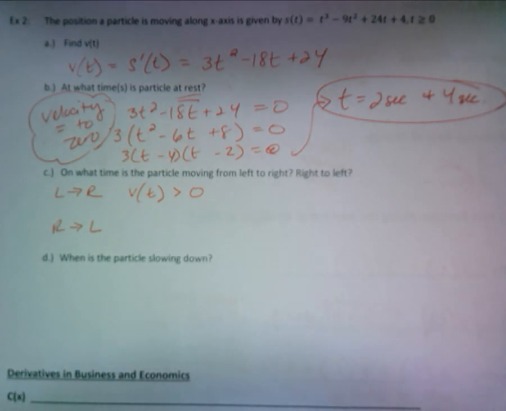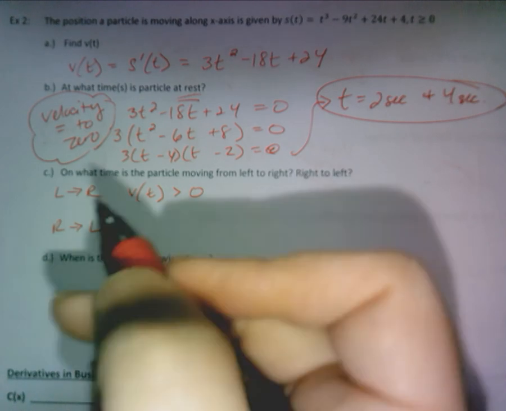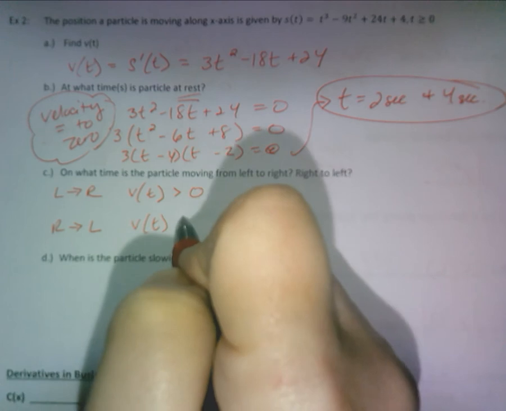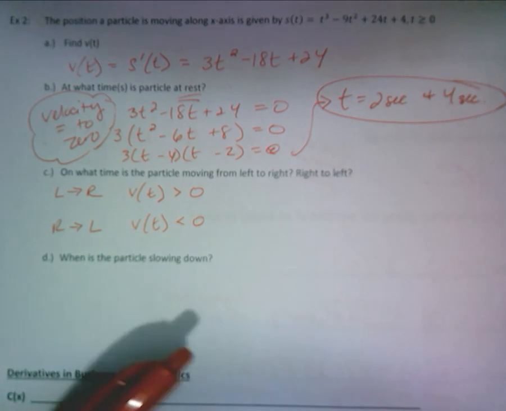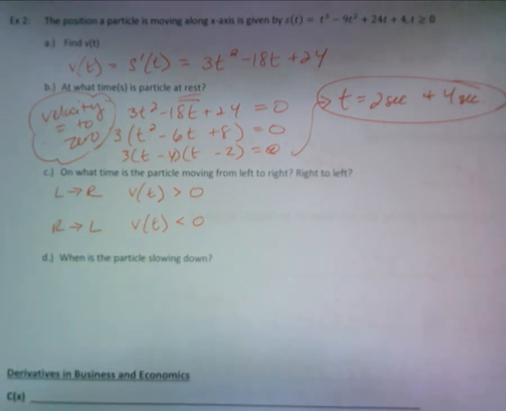As opposed to if I moved on the x-axis from right to left, what would happen to my velocity now? If that doesn't make sense to you, at least write that down, because that's really the hardest part: understanding that on an x-axis going from left to right, velocity is greater than 0, as opposed to going from right to left, which would be less than 0.